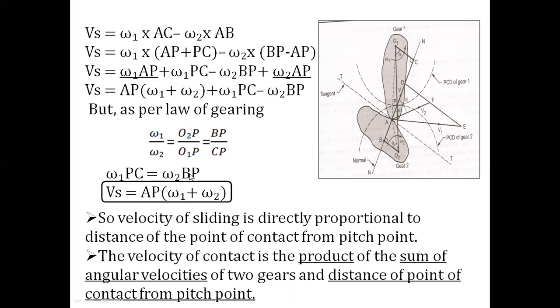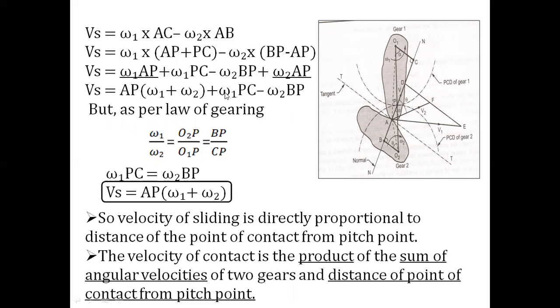So putting the value of omega 1 CP in this equation, the velocity of sliding is equal to AP into omega 1 plus omega 2 plus omega 2 into BP, minus omega 2 BP.